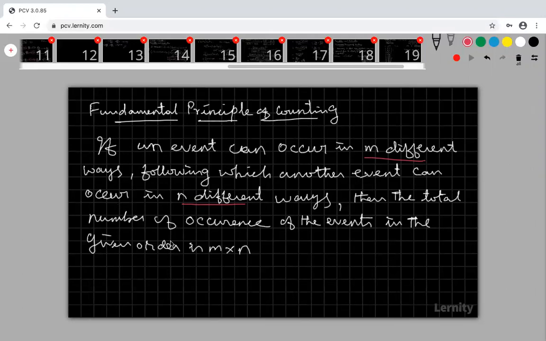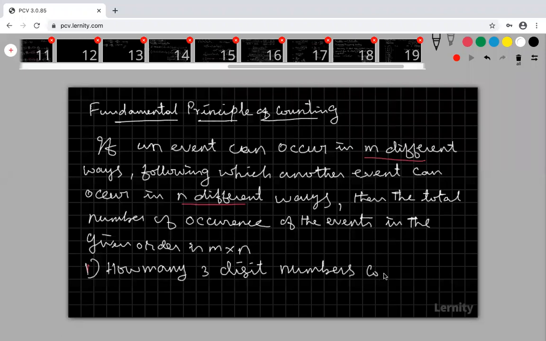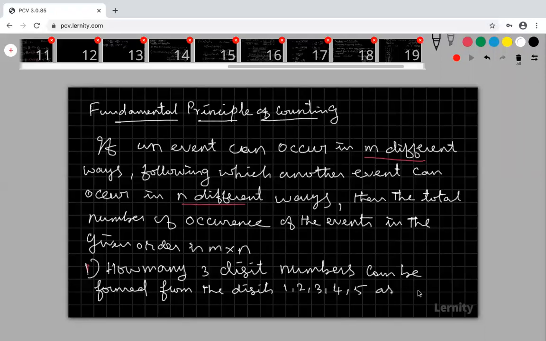How many three-digit numbers can be formed from the digits 1, 2, 3, 4, 5, assuming that in the first question, repetition of the digits is allowed?